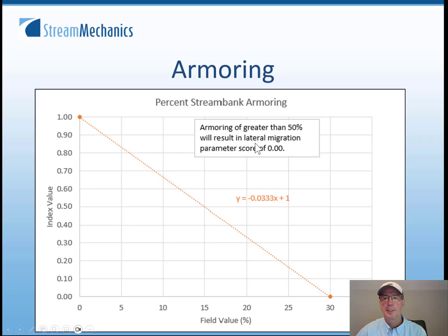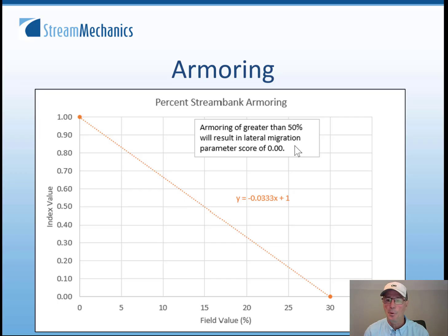But most technical teams have said, all right, here's the curve. Again, we don't have a lot of data on this one, so it's a very simple curve. No armoring is your pristine, and anything more than 30% armoring, this is looking at both banks on your reach, is 0 function. But then with a caveat, it says if the armoring is greater than 50%, then that whole parameter will go to 0.